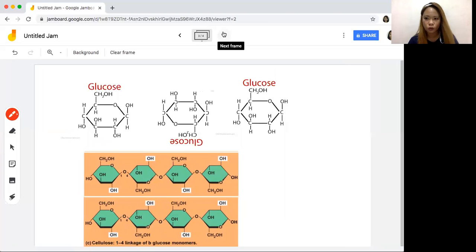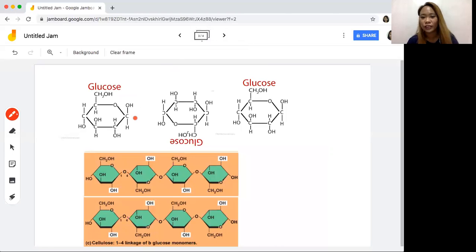In your cellulose, your glucose molecules are not facing the same way. In your starch, if this is one glucose molecule, this is another glucose molecule, they're always facing upright and they are facing the same way. But in your cellulose, that's not what happens. If this is glucose 1, glucose number 2 is facing the opposite side.